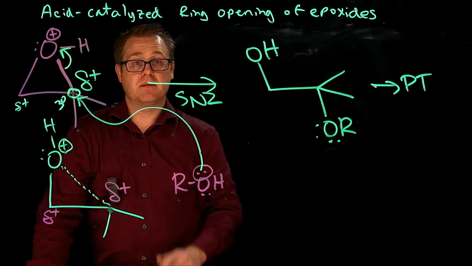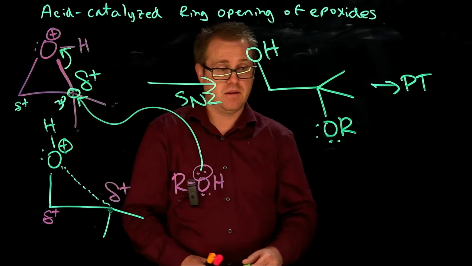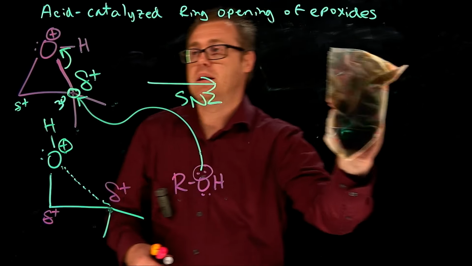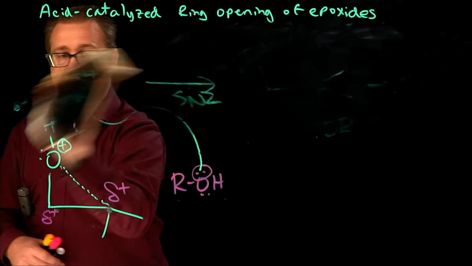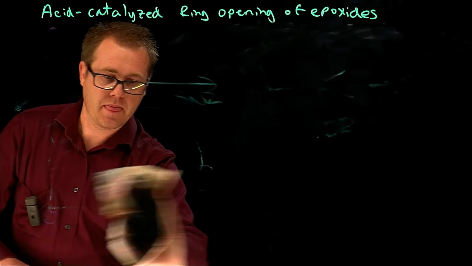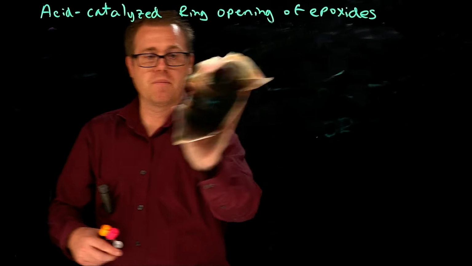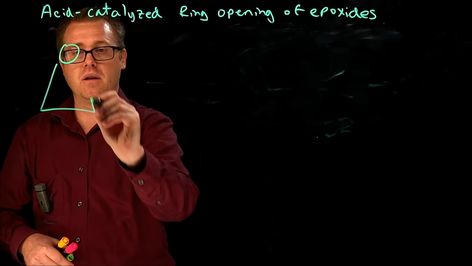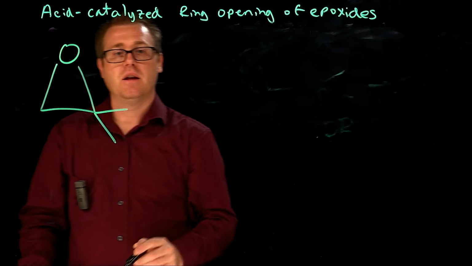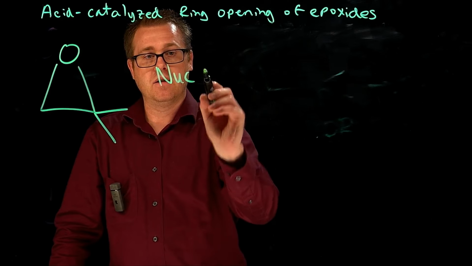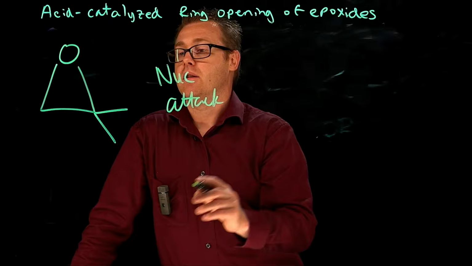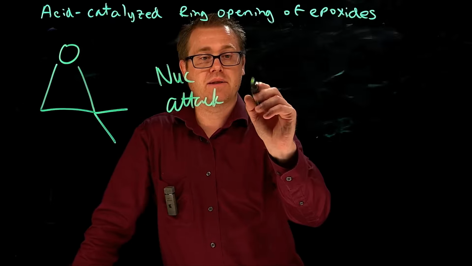So that is the principle that we could say: if you have a neutral epoxide, the nucleophile is going to attack the least substituted carbon.